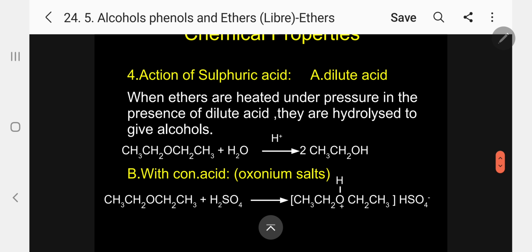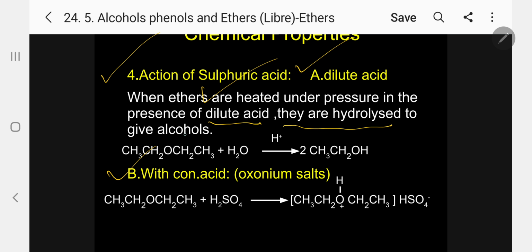The next one, let me go for action of sulphuric acid. Let me use two ways. One is dilute sulphuric acid action, another is action of concentrated acid. In the case of dilute acid, when ethers are heated under pressure in the presence of dilute acid, especially sulphuric acid, they are hydrolysed to give alcohol. Kindly follow.